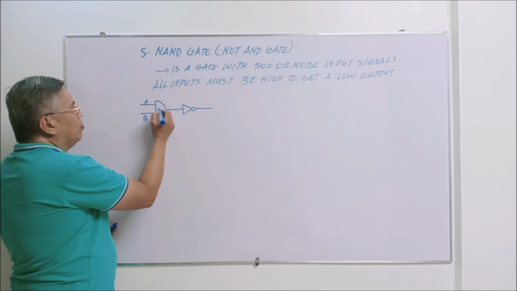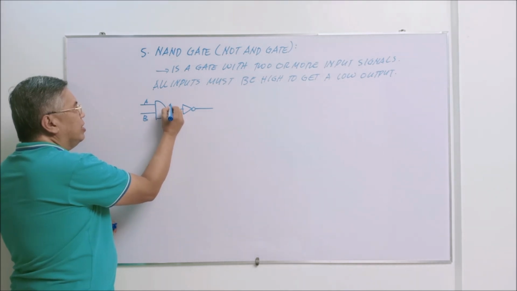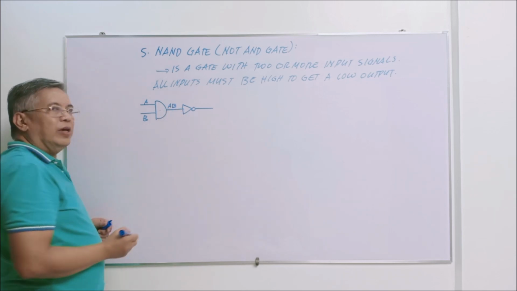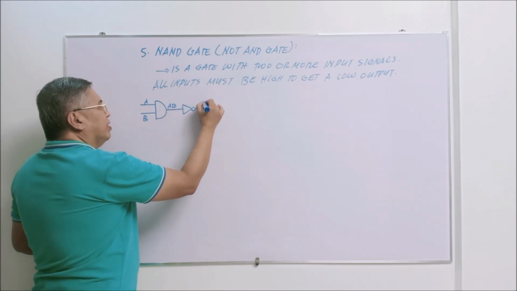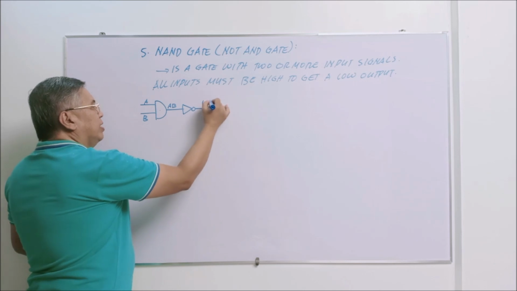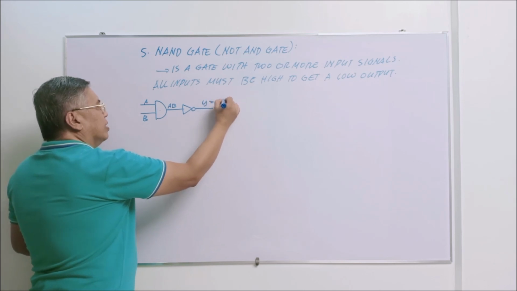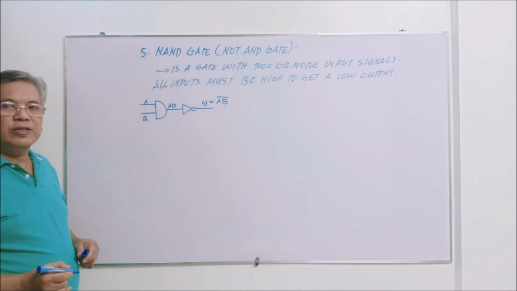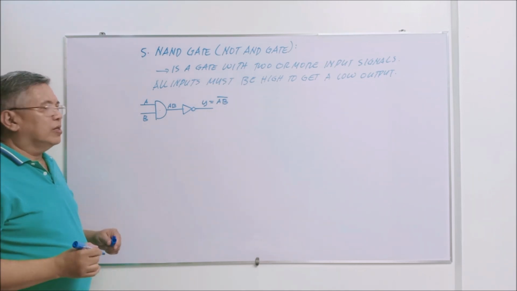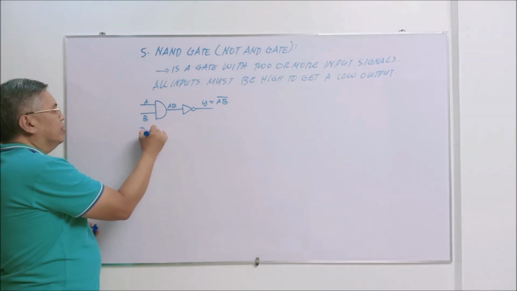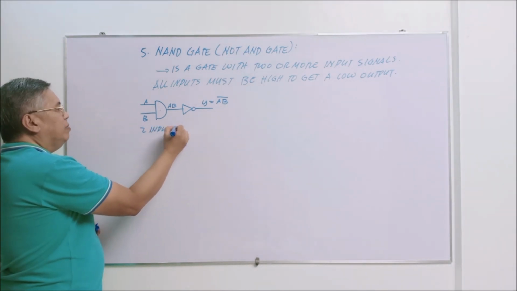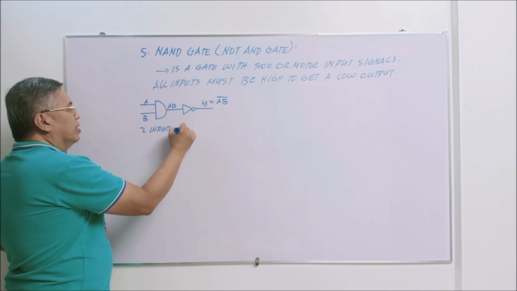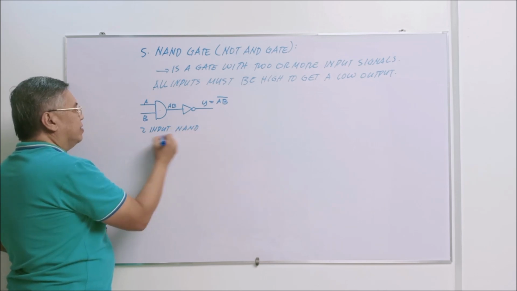The output of the AND gate is A times B. Once it passes through an inverter, your Y becomes A times B complement. That is the symbol for our two-input NAND gate.